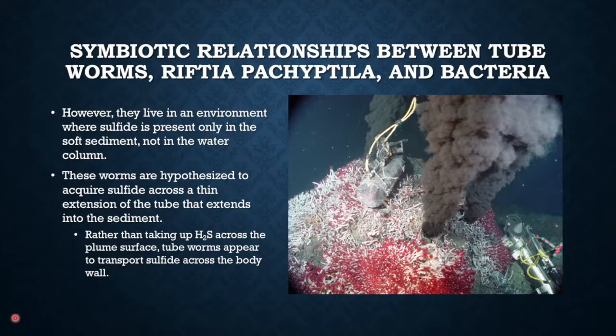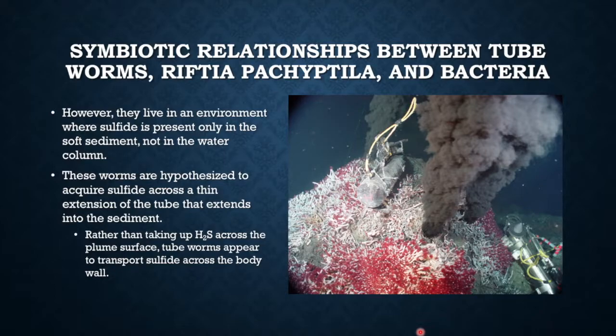So here's the picture I was describing. Lots and lots of tube worms, thousands upon thousands of them in one vent, which is very cool. And so they live in this environment where there's a lot of sulfide, which is obviously toxic. So it's actually only been found to be in the soft sediment. It's not actually in the fluid that's around them.